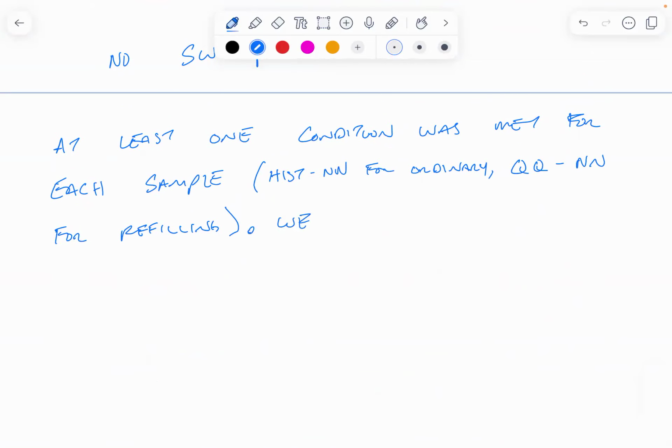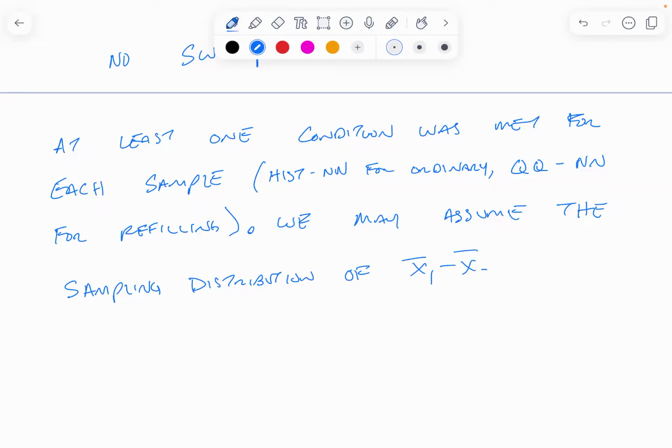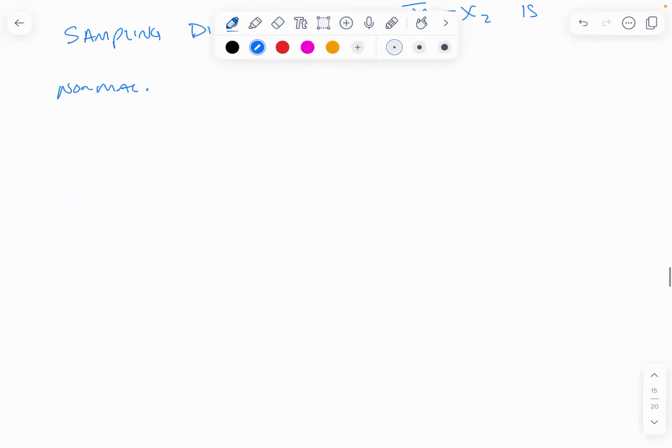So we may assume the sampling distribution of x bar 1 minus x bar 2 is normal, all right? And that's the big assumption.